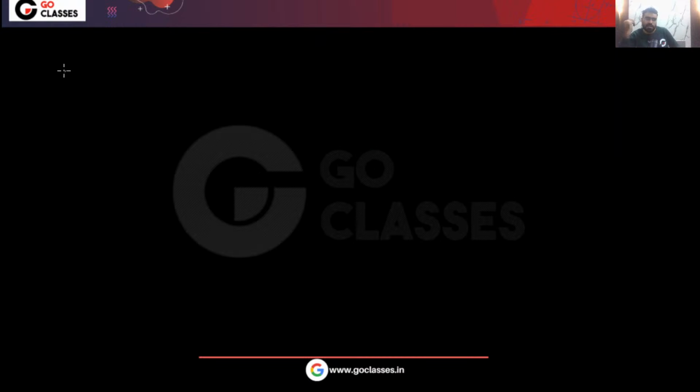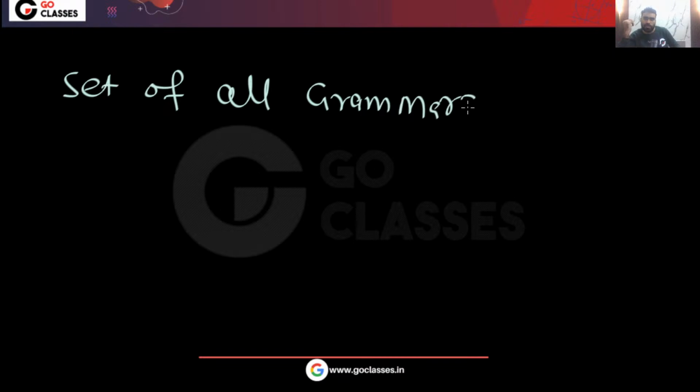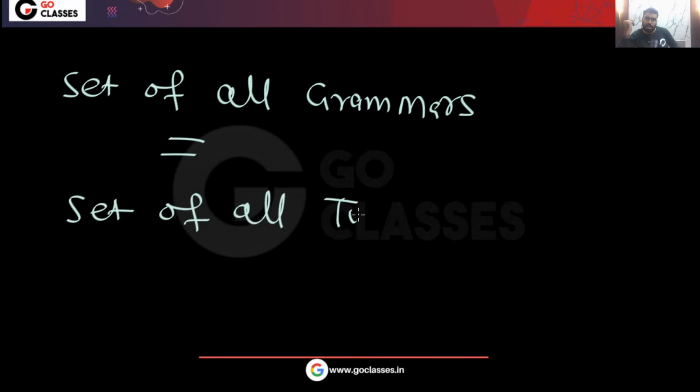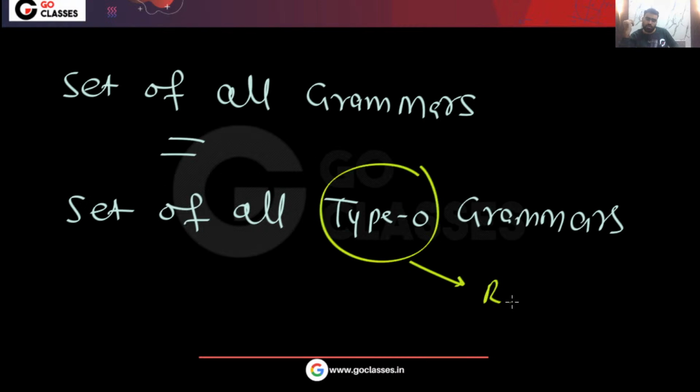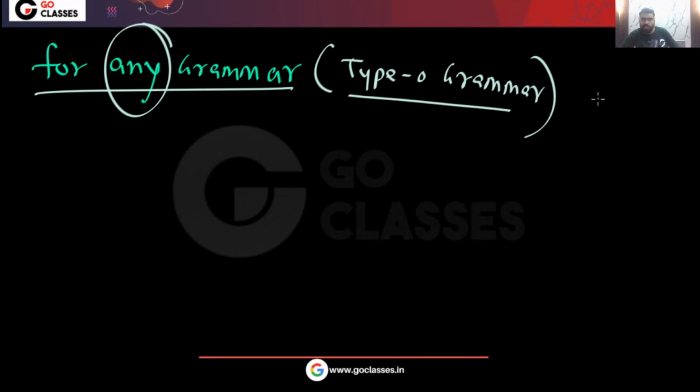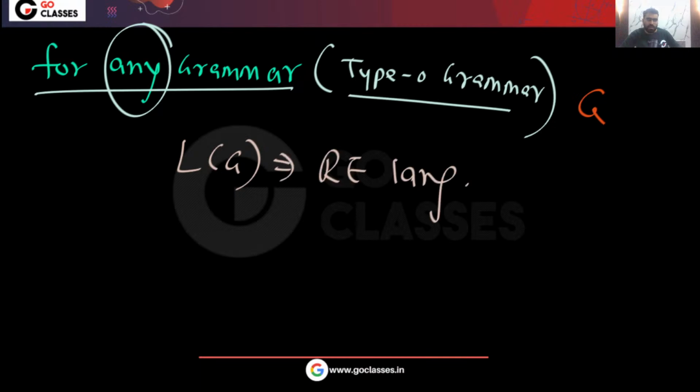So the set of all grammars is the same as the set of all type 0 grammars, which is RE grammars. Type 0 means RE grammar. So for whatever grammar G I give you, L(G) will be an RE language.